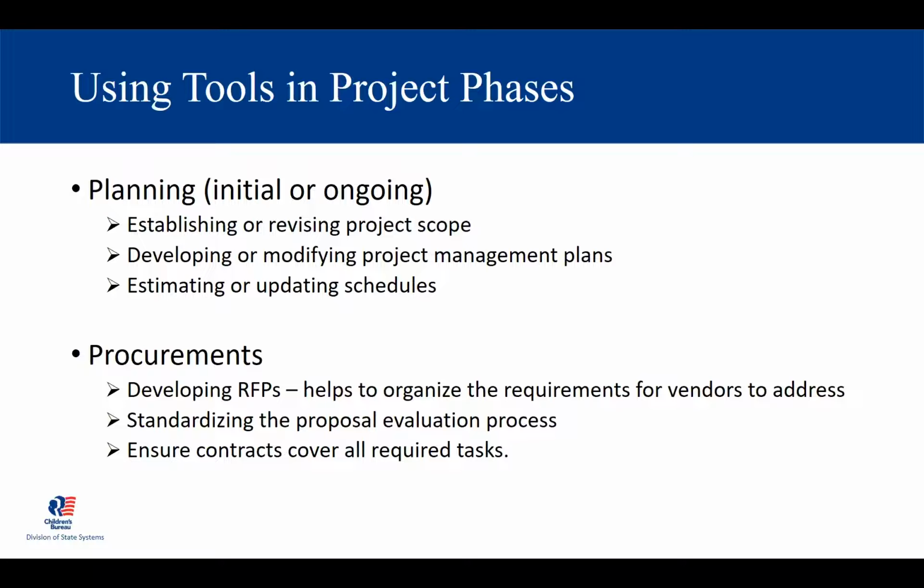The information in the tools can help you make sure you haven't overlooked something when drafting a statement of work or when finalizing a contract. And it can also help you work on establishing your evaluation criteria for all the proposals and making sure that you have, as much as possible, a standardized review process for each proposal, which hopefully will also reduce the likelihood of challenges to your selection.